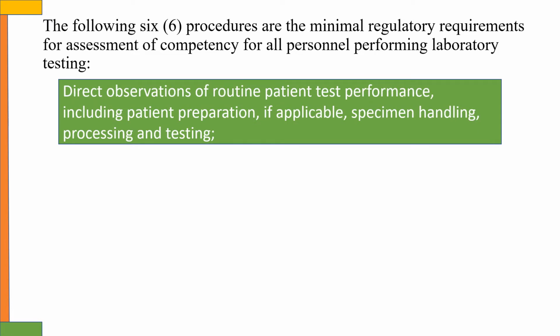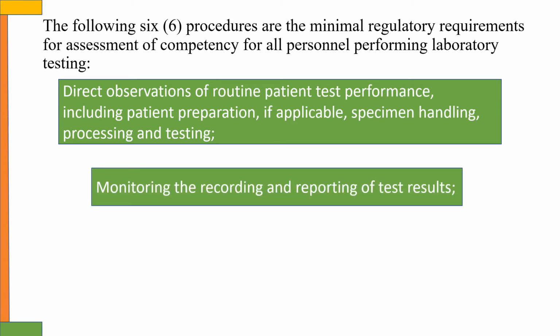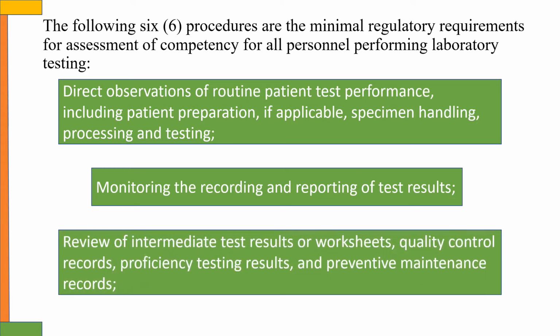First on the list is direct observations of routine patient test performance, including patient preparation, if applicable, specimen handling, processing, and testing. Monitoring the recording and reporting of test results. Review of intermediate test results or worksheets, quality control records, proficiency testing results, and preventive maintenance records.